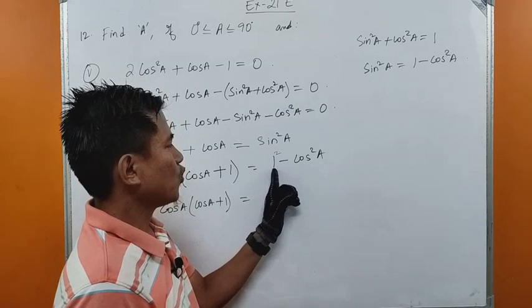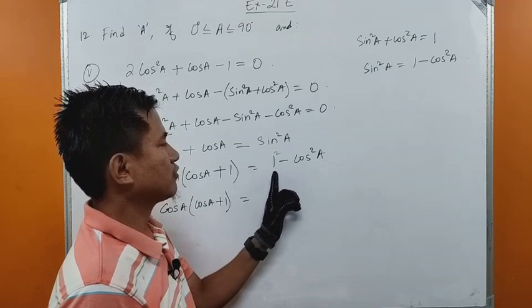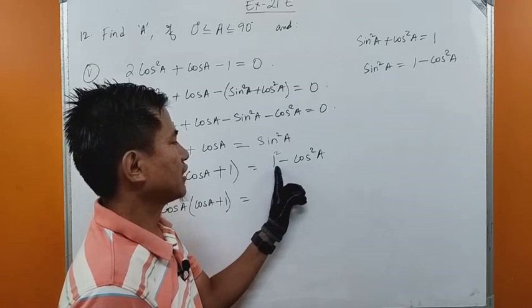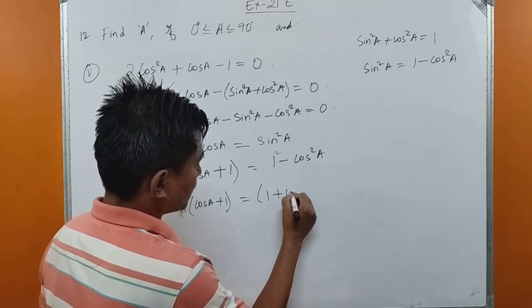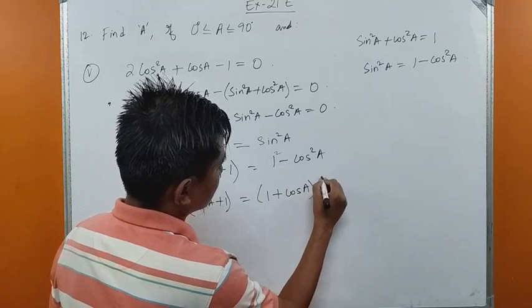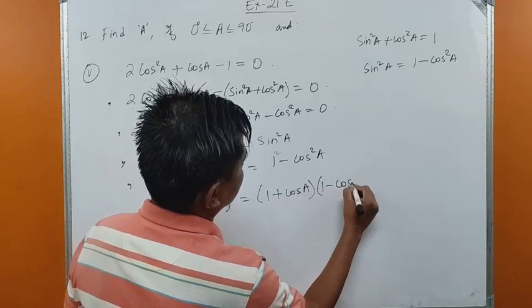So 1 square minus cos square A means a square minus b square, which is a plus b into a minus b.